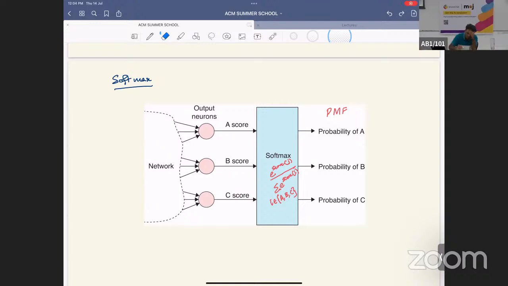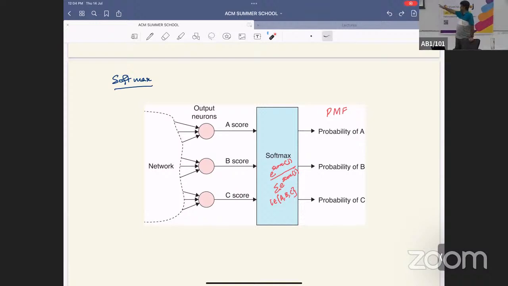So how to achieve that? The softmax function helps us achieve that. Whatever the output of the last layer is, we raise it to the power of e, and then divide by the sum of the exponentials of all the scores.